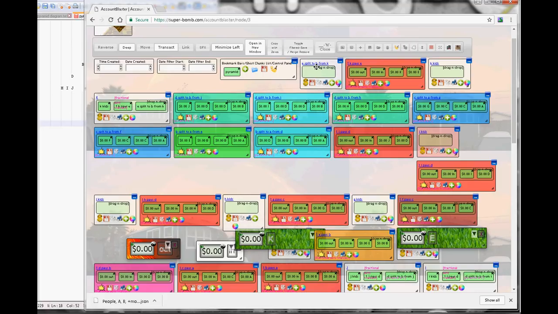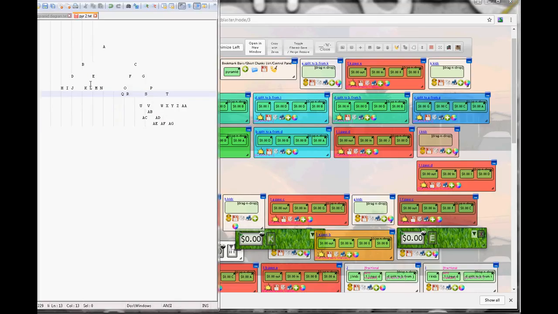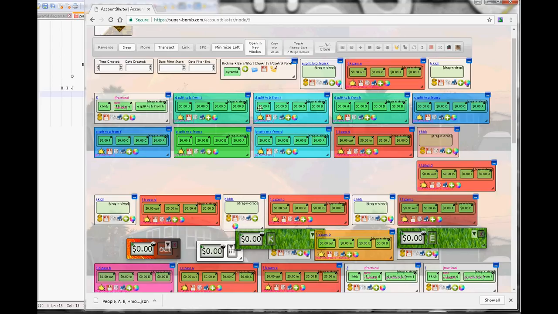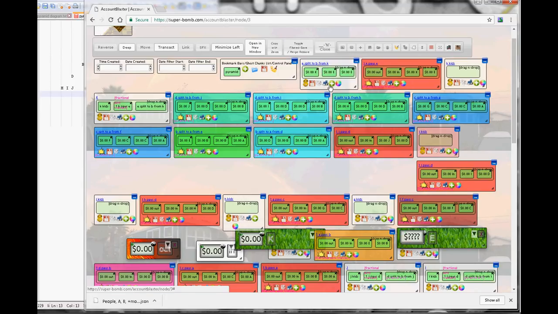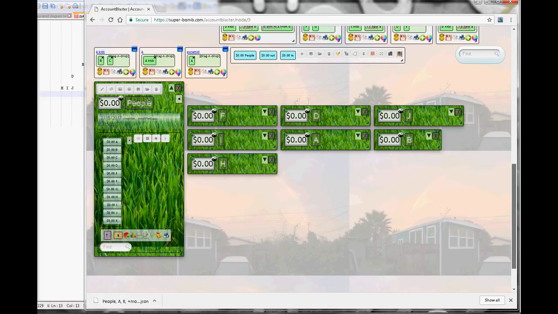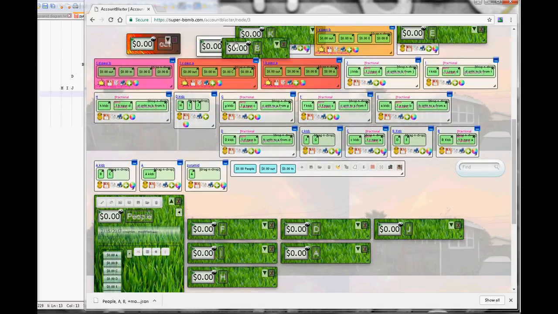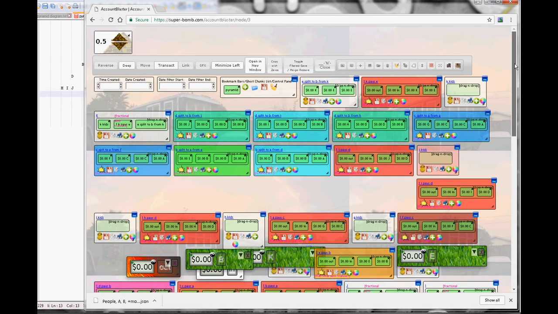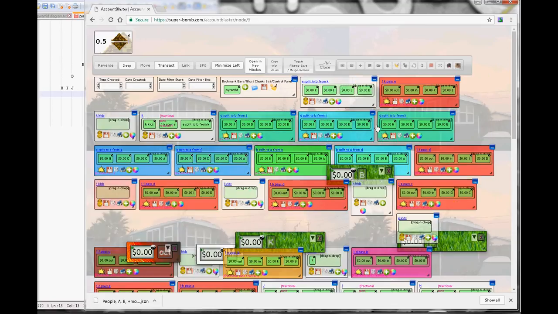And E split to B from K means K E E B. Which says here, anytime K pays E, E pays B. And those are blue or green.